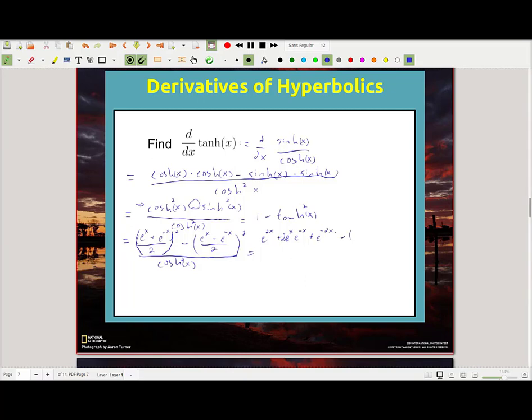This is all going to be over 4, and that is all going to be over cosh squared.